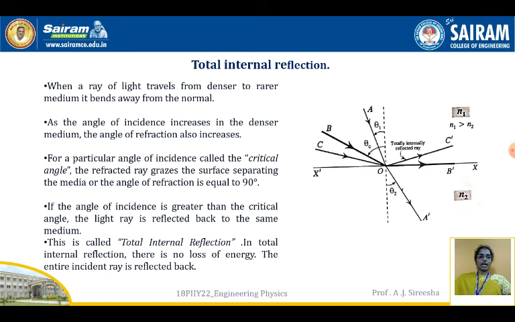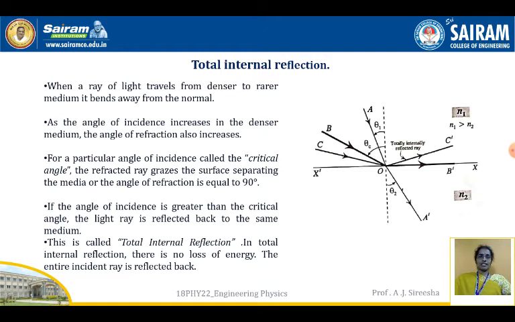In this case, air becomes the rarer medium because its refractive index is less, and glass, having a refractive index of 1.5, becomes the denser medium. So refractive index determines which is denser and which is rarer. If you consider two media, the one having the higher refractive index becomes the denser medium and the one having the lower refractive index becomes the rarer medium.